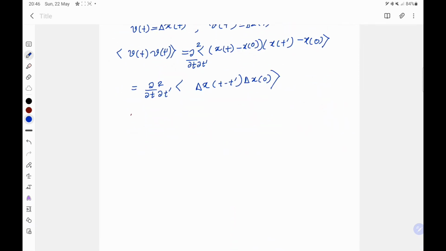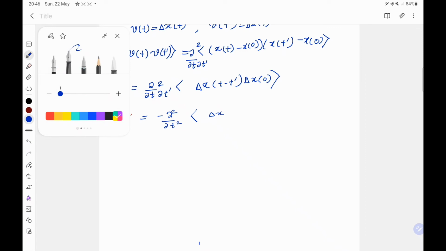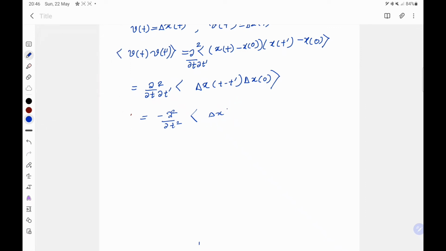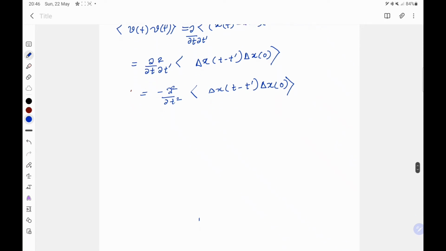Okay, again this can be written as minus del 2 del t2 over delta of x, delta of x t minus t prime delta of x0. Okay, the pen got changed. This you can check, mathematics.